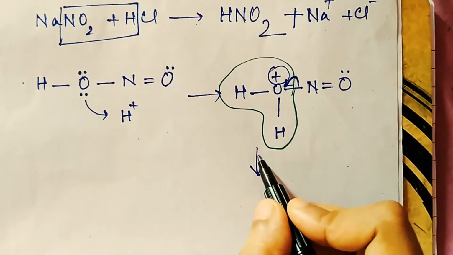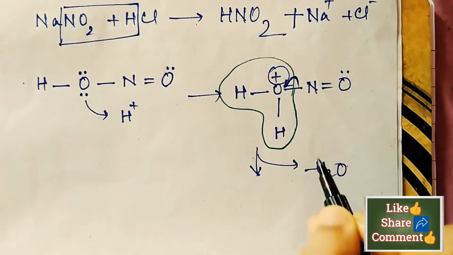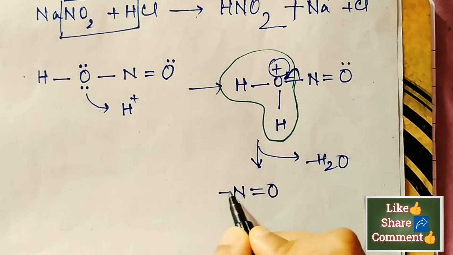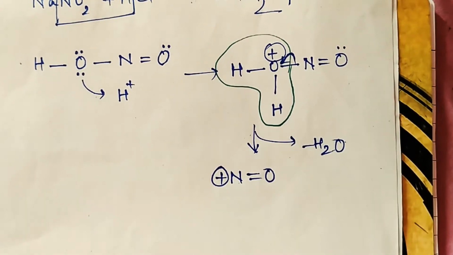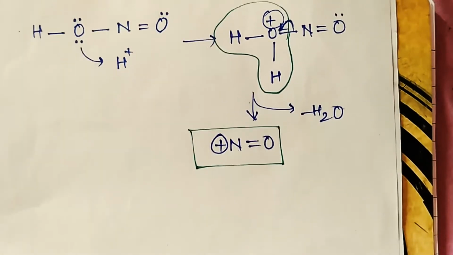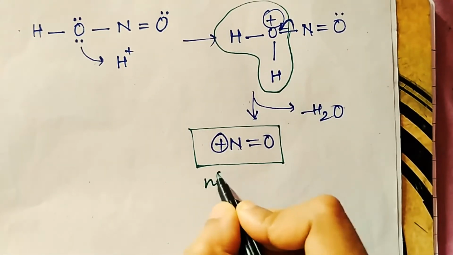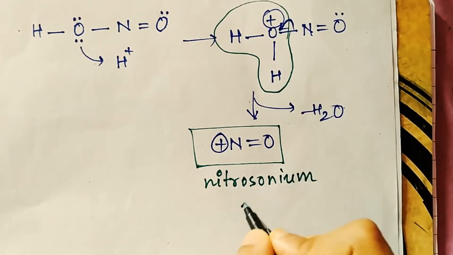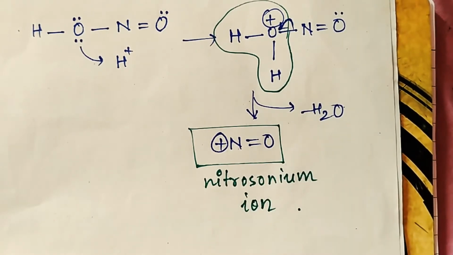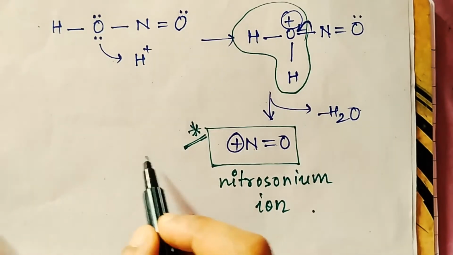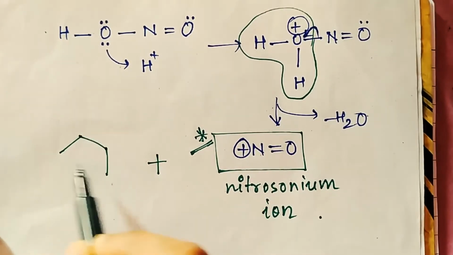The H2O will go out and the remaining part is this. This compound is called the nitrosonium ion.